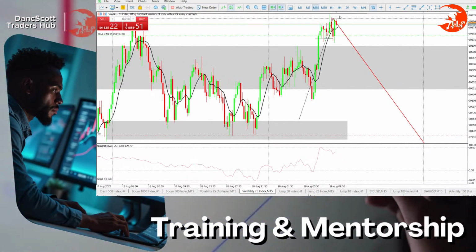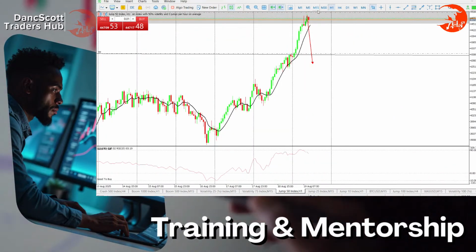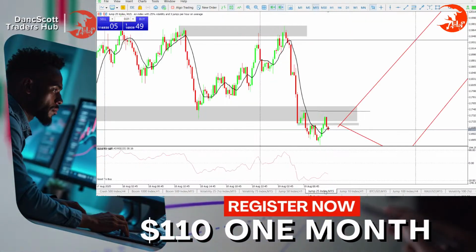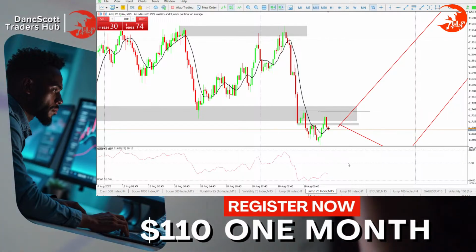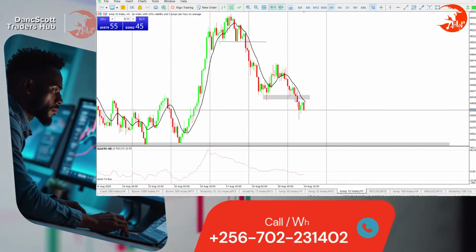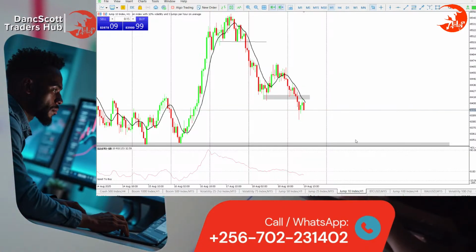V75, we are also trying to make money there. Jump 50, we are in some profits, not much. Jump 25, we are waiting for a confirmation to make this buy entry. Jump 10 also, I was taken out, but a sale has now come again, so we should be getting in for a sale on Jump 10.